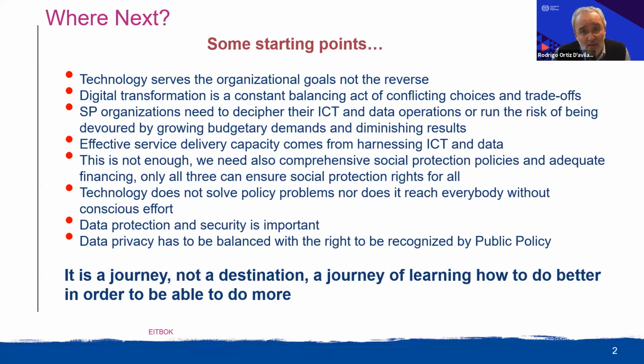And we always have to remember that technology is not capable of solving policy problems. And it does not reach everybody without conscious effort. Usually, once we implement digital transformation, we are better off than the situation beforehand. But that does not mean at all that a miracle has happened and we have reached the end of our efforts and everybody is reached, connected, and protected.